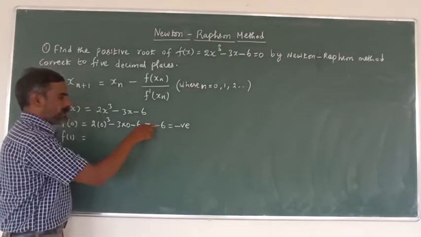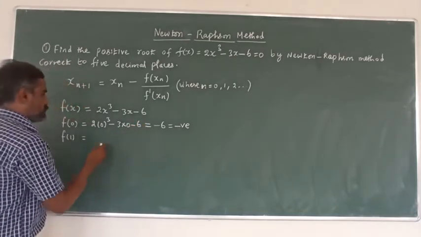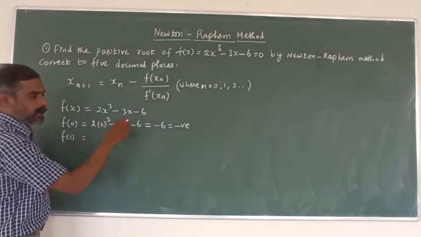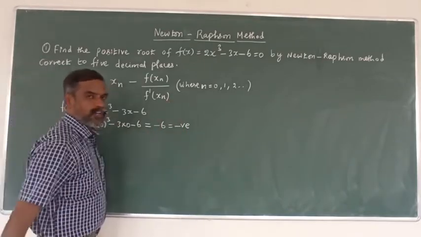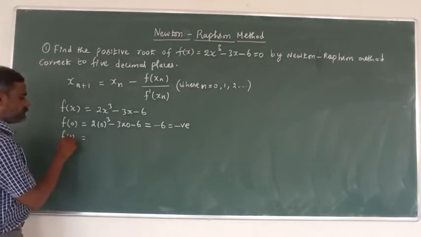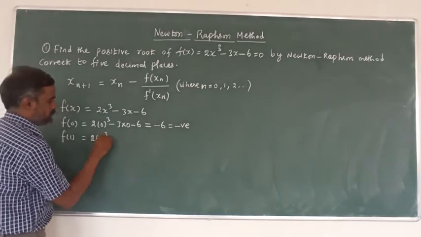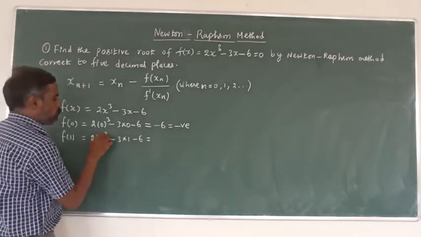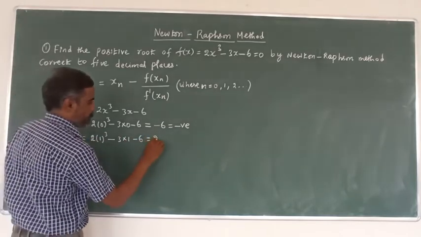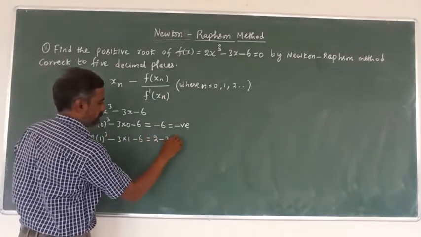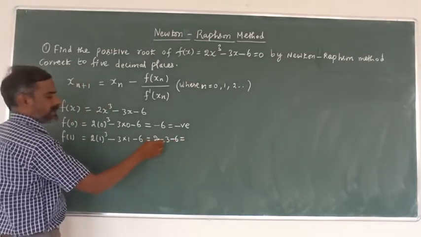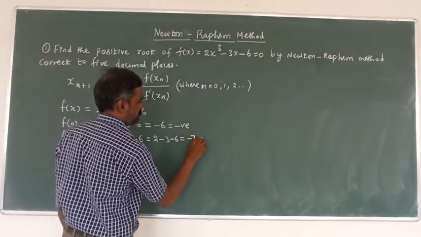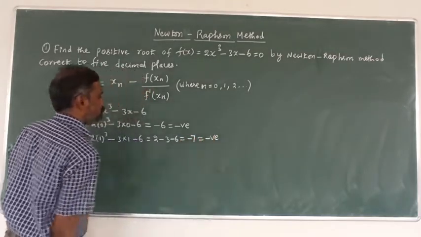For that we have to repeat the process and substitute the x values 1, 2, 3, 4 until we get one positive and one negative value. f of 1 is 2 into 1 cube minus 3 into 1 minus 6. 1 cube is 1, 2 minus 3 minus 6, the result is minus 9 plus 2, so we get minus 7. This is also a negative result.